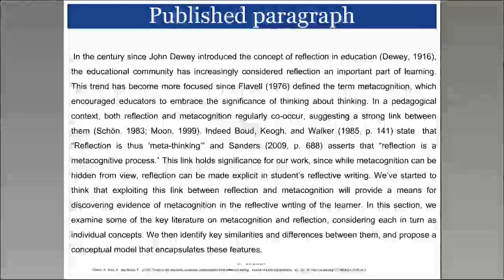And this is the published paragraph after all those different stages of editing have been done. You might find some other things in this paragraph that you would change. That's perfectly fine. It's always possible to do a bit more, perhaps write something in a slightly different way. But obviously, you're working to a deadline.